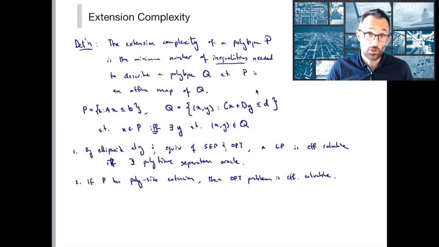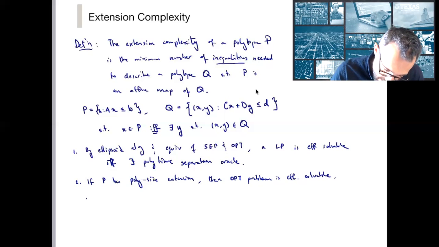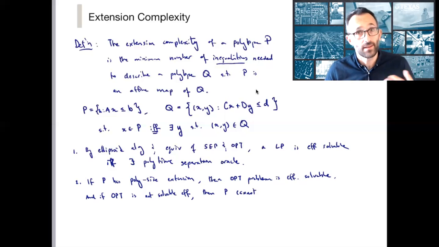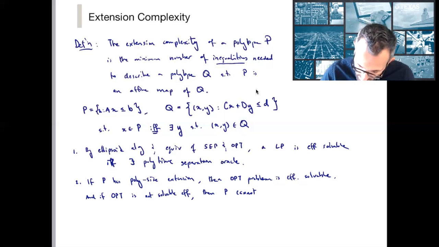And conversely, if the optimization problem over P is not solvable efficiently, then P obviously cannot have a polynomial size extension complexity. This is just the contrapositive of the statement.